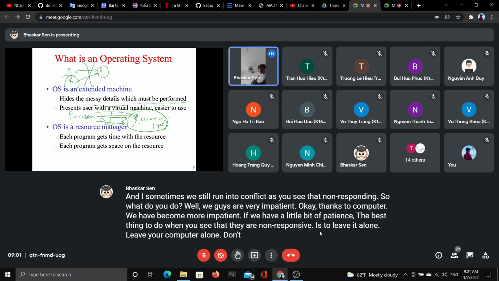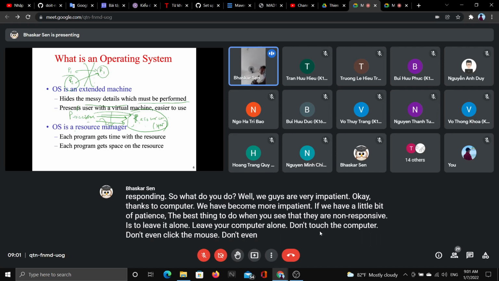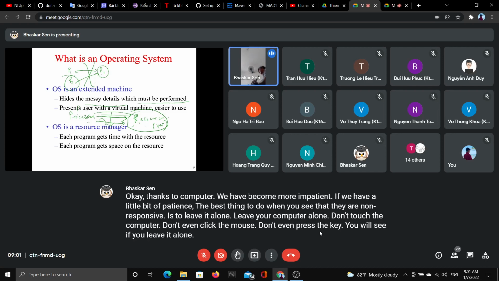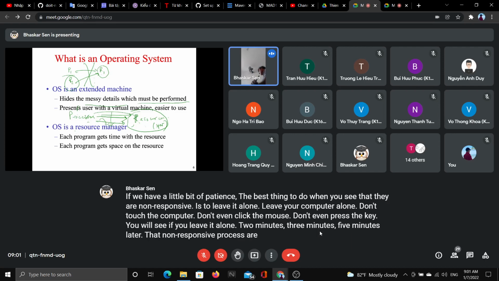Don't touch the computer. Don't even click the mouse. Don't even press a key. You will see if you leave it alone, 2 minutes, 3 minutes, 5 minutes later, that non-responsive process has suddenly become responsive.